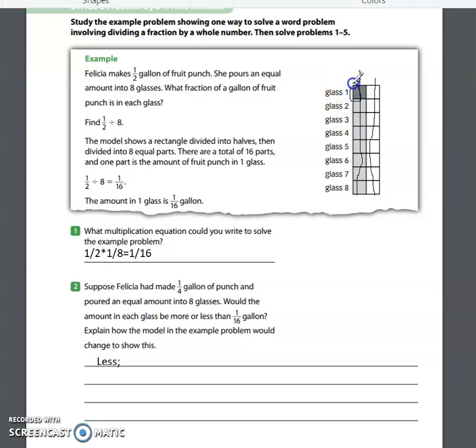So this would be less than the half. So I know it'll be less. And to answer why it would be less, I could explain that the model will be divided into 4, instead of halves.